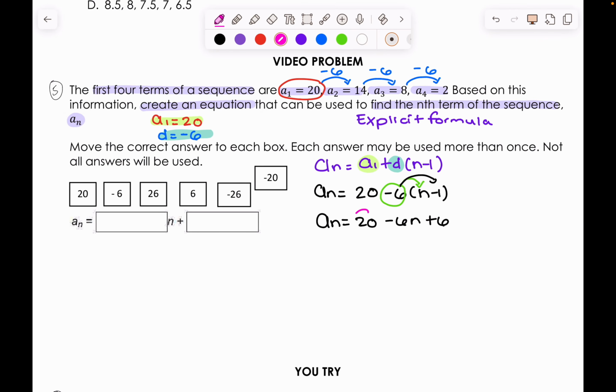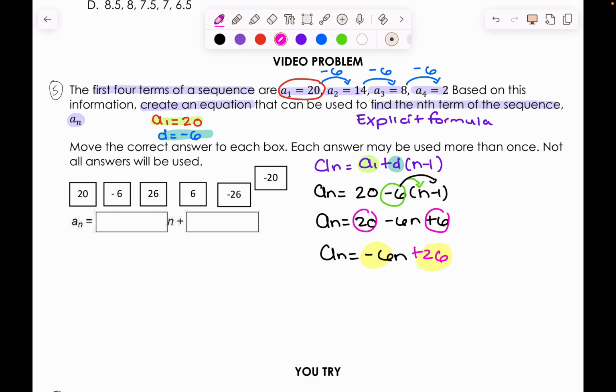Now we can combine our like terms and we are left with an equals negative 6n, 20 plus 6 is just plus 26. So I notice that my answers are a negative 6 and a positive 26.